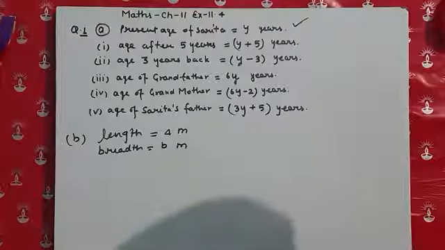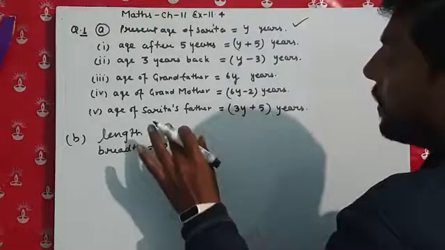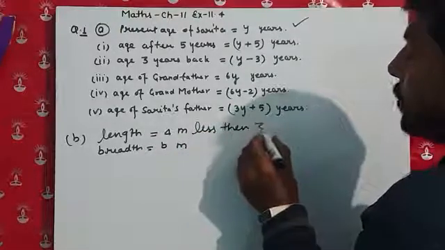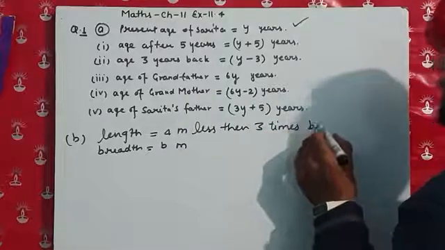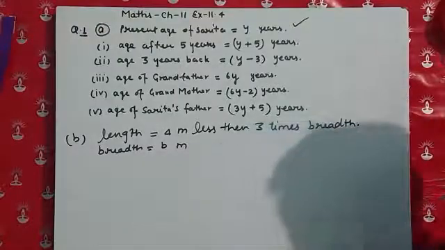Again the question is saying that the length is 4 meter less than 3 times the breadth. But the breadth is given as b.